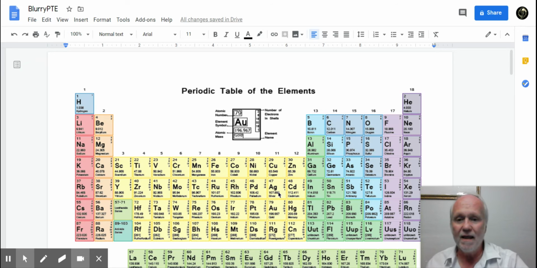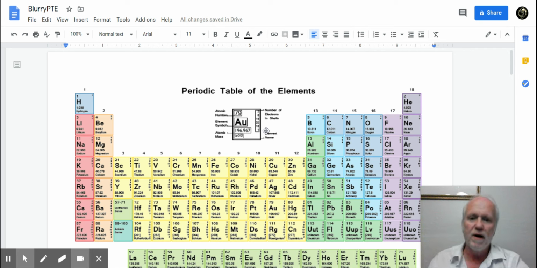It's a Latin name. And then we have the atomic mass. That is the mass, not the weight, although we use the weight because weight and mass here on Earth are the same thing, but it's the mass. It's the weight of one element of gold.